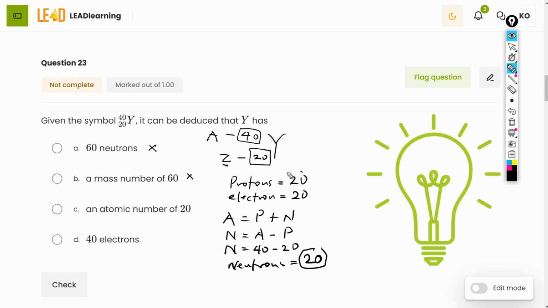We've established that the protons are 20, so this is true. 40 electrons: the number of electrons in a neutral atom is always equal to the number of protons, so the electrons are 20 and not 40, so this is not true. It therefore means that our correct answer is option C.